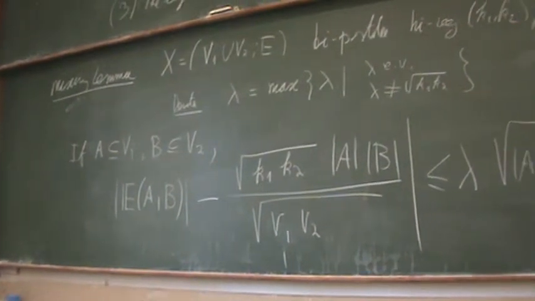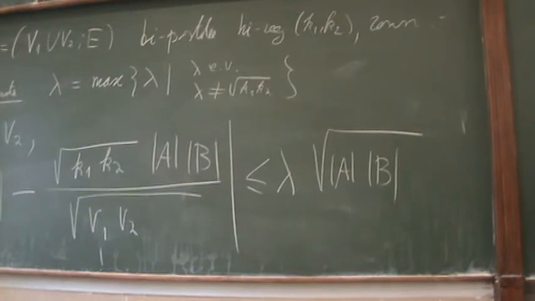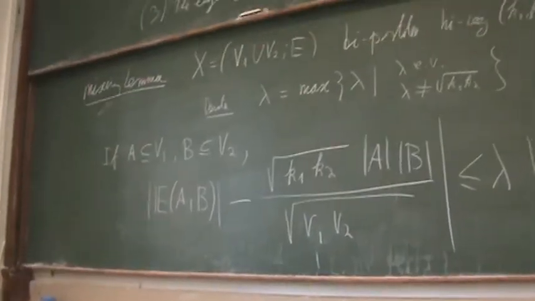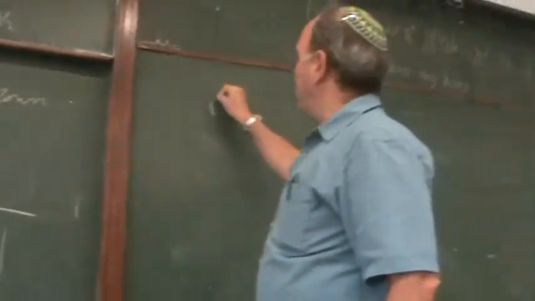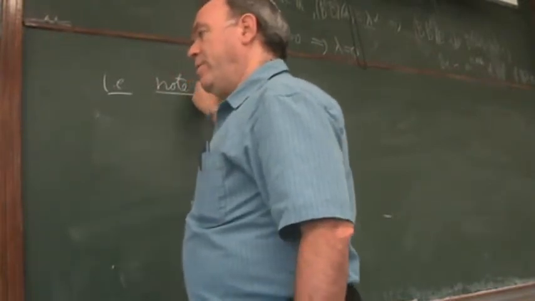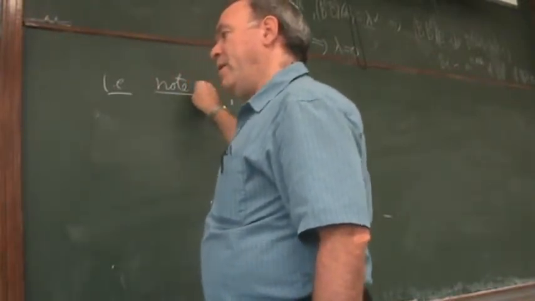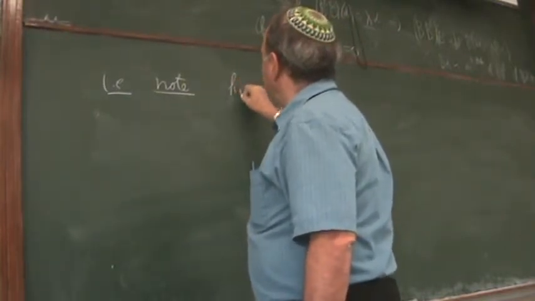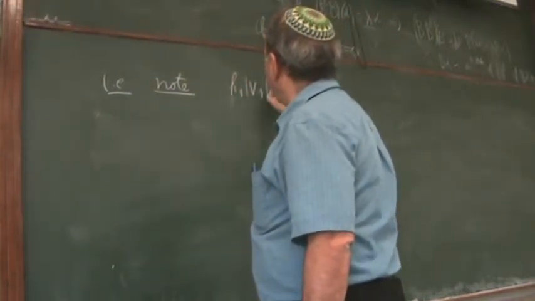Maybe let me write it also in a different way, which will be slightly more intuitive. Note what we know: k1 times V1.